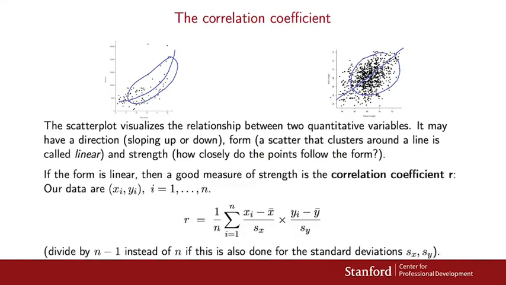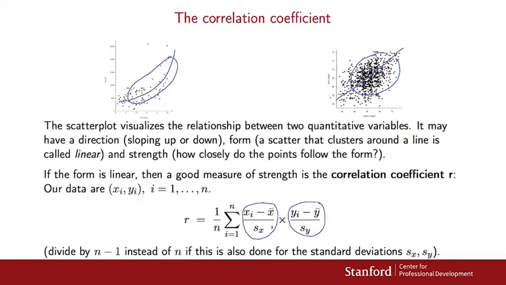In the case where the scatter clusters around a line, it's very useful to summarize that clustering with a correlation coefficient R. It's not worth remembering the formula for R, but let's look at what's going on there. You see that we are looking at the standardized values of the x's and the standardized values of the y's, and then we multiply them together and take the average over all the observations.